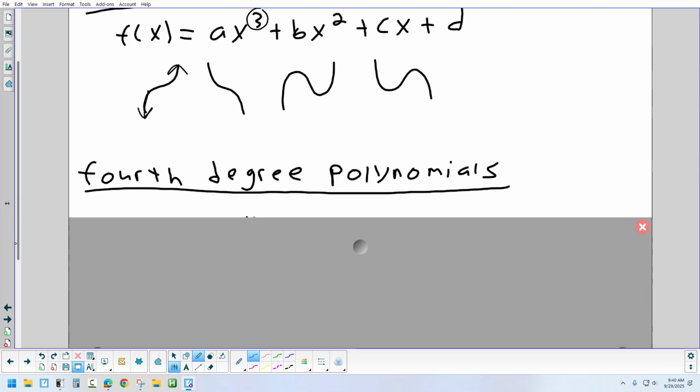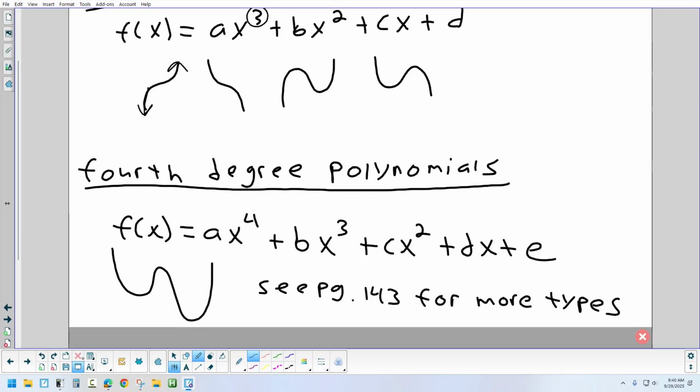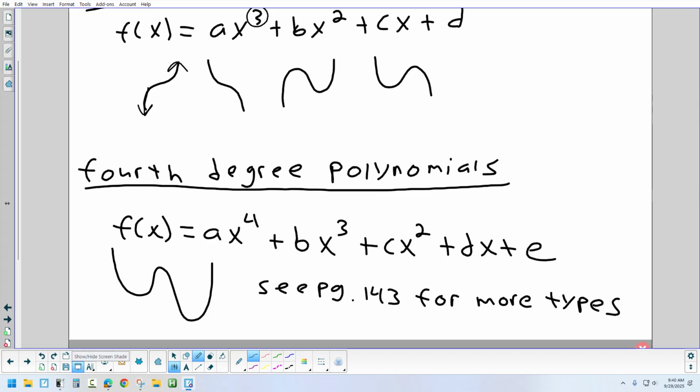The difference between a 4th degree and a 2nd degree is you can have more twists and turns in it. But it's still the same basic thing happening on each end as a parabola. Up, up. And you could flip that over, and it could be down and down.